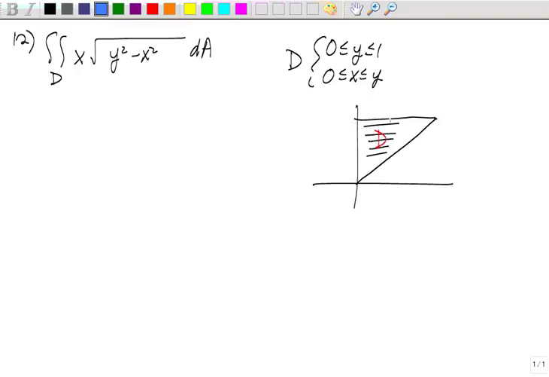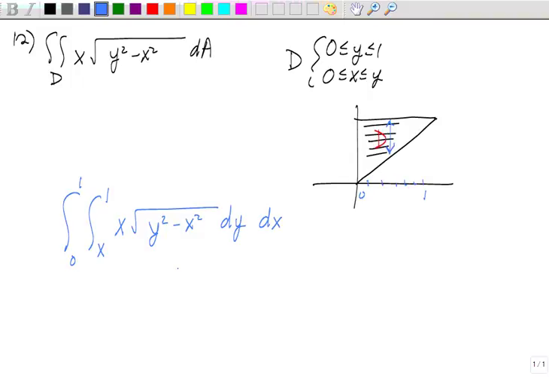So let's try it this way, setting it up. Vertically, we would go from x to 1 with respect to y, and then we would go from 0 to 1 with respect to x.